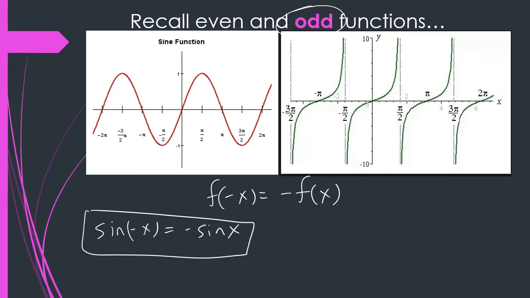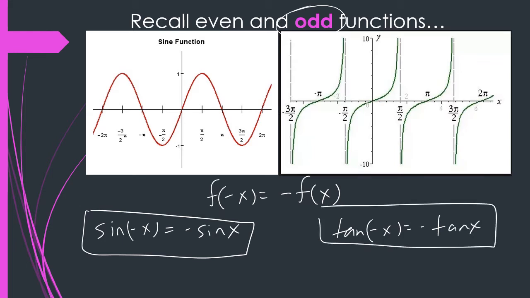And for tan, the same thing, because that's a tan graph, tan negative x equals negative tan x. Those are equivalent functions, okay? And because they show odd symmetry, and really they're your first 2 identities you've seen.